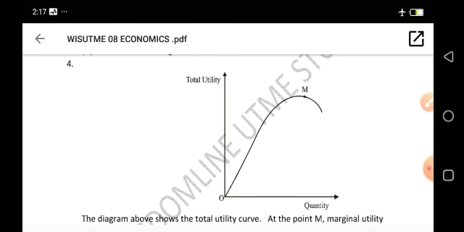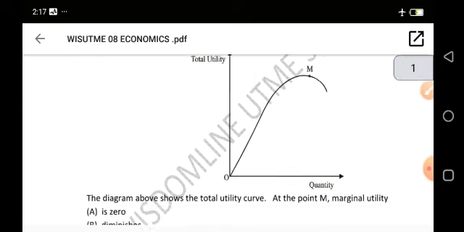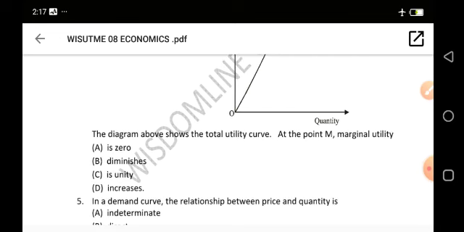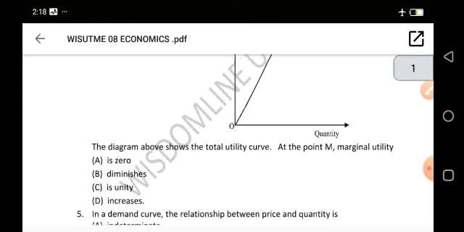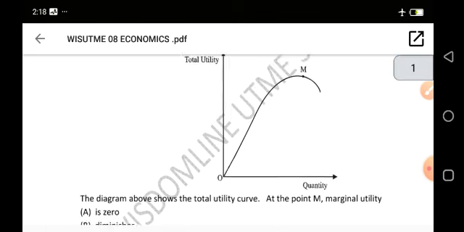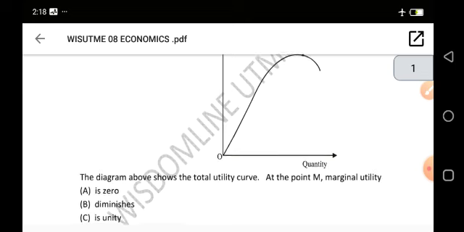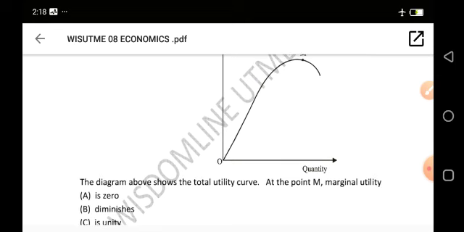So you see that consumption is increasing until it gets to that point, and at that point your marginal utility is at zero. So the answer is A, where your marginal utility is at zero.